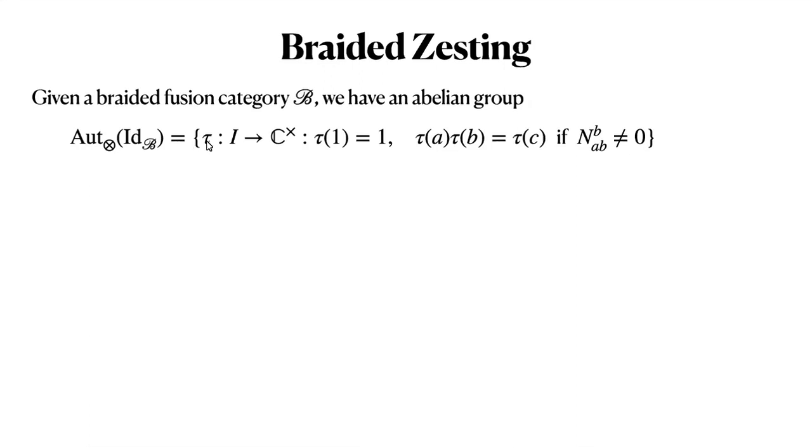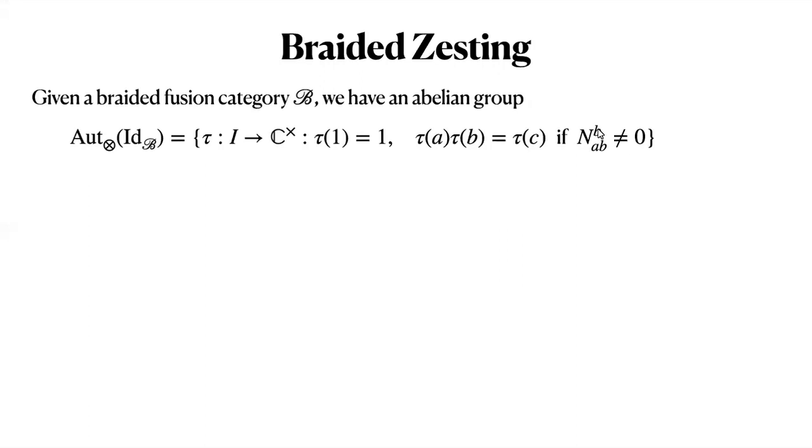They are just functions that go from the set of simple objects, the set of labels, to the non-zero complex numbers that satisfy the following conditions. In the vacuum, the unit object, the value is 1. And if C is in A tensor B, then tau of A times tau of B is equal to tau of C. Sorry, here instead of B it should be C.